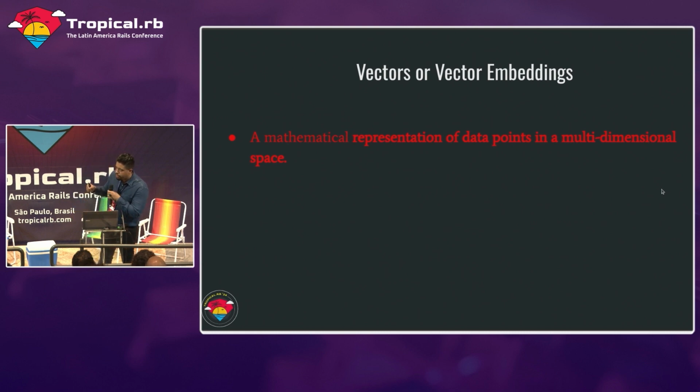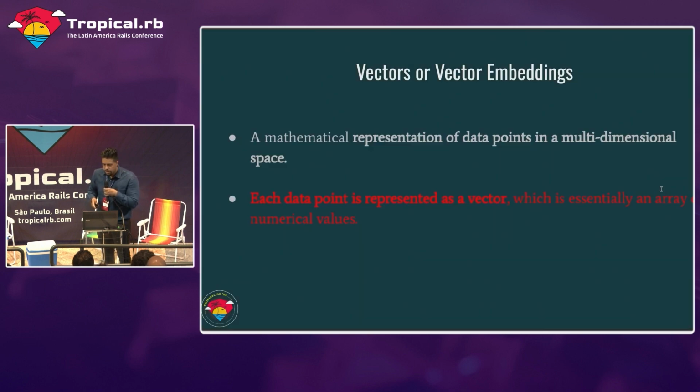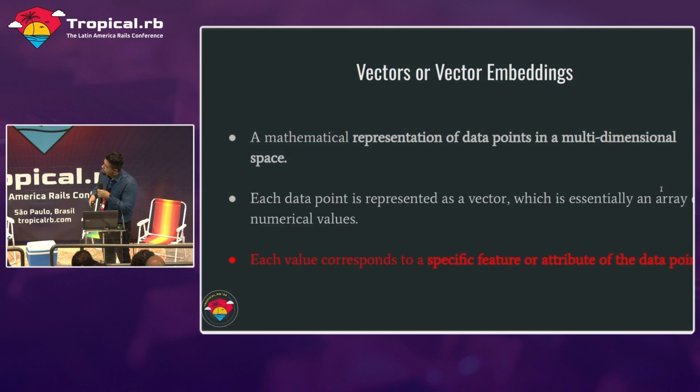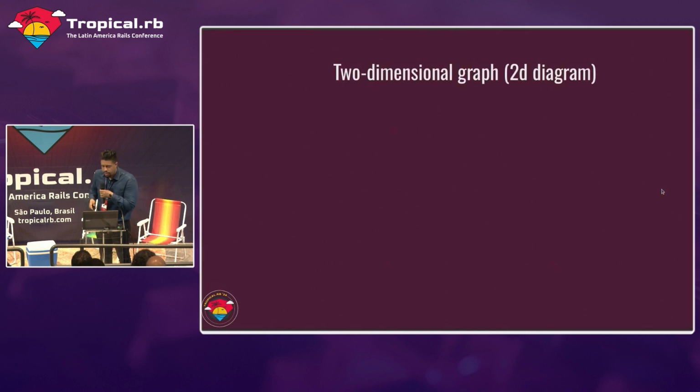They are a mathematical representation of data points in a multidimensional space. I'll show you one example that you can see it better, okay? Each data point that you will see in the graph is represented as a vector, okay? And each value has a specific feature or attribute of the data point.